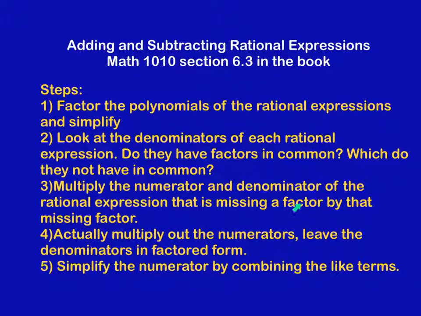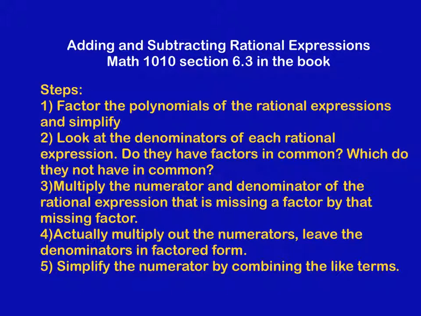Actually multiply out the numerator. You can't leave it in factored form, so that we can combine like terms of the numerator, and then you're going to factor that new numerator and then simplify again.